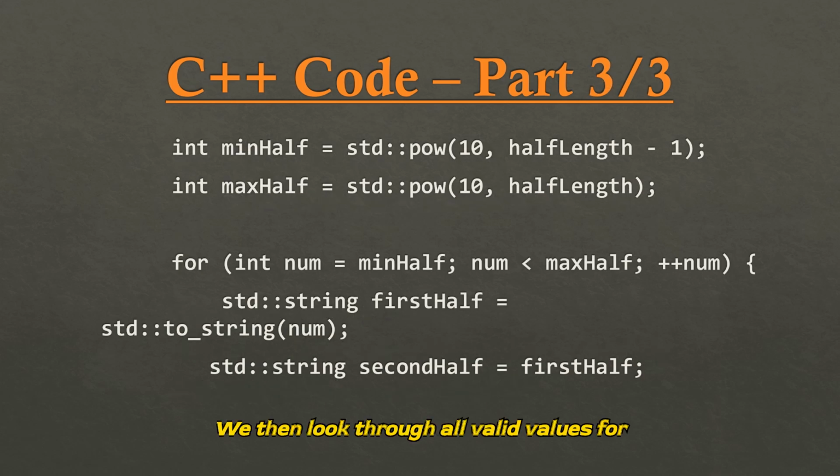We then loop through all valid values for the first half of the palindrome. To ensure the result is an n-digit number, we start from the smallest number with the required number of digits, avoiding any leading zeros. We convert the half to a string, reverse it, and then append it to form the full palindrome. If n is odd, we skip the last digit of the reversed half to avoid overlapping digits.